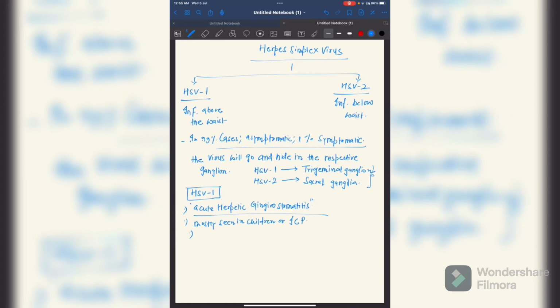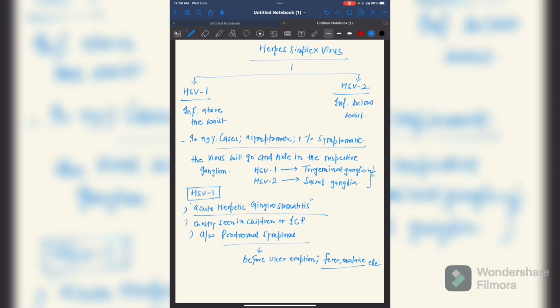And remember, it is always associated with prodromal symptoms. Prodromal symptoms means before ulcer eruption. It is always preceded by fever or malaise, etc.